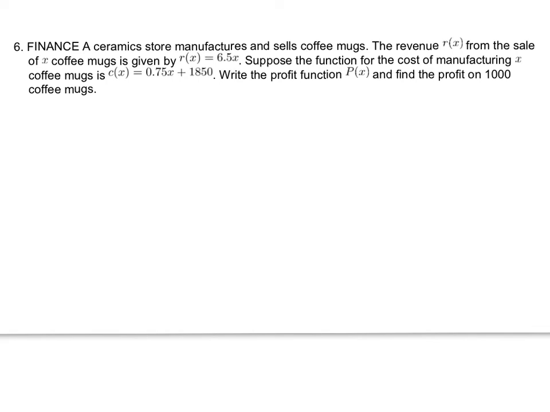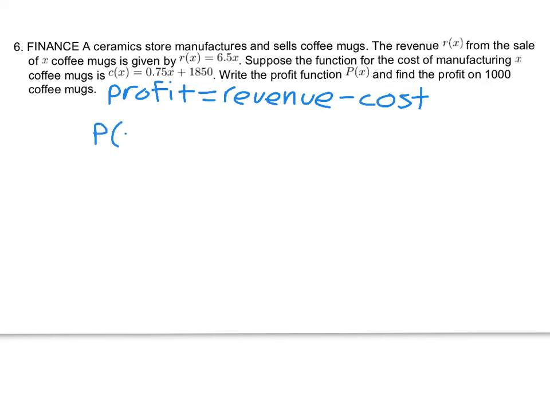So in other words, profit equals how much you sold it for, which is also known as revenue, minus how much you bought it for, which is the cost of the item, or in this case, the cost of making the item. Okay, so P of x, this is our profit function, equals, we have to take the revenue function and subtract the cost function.